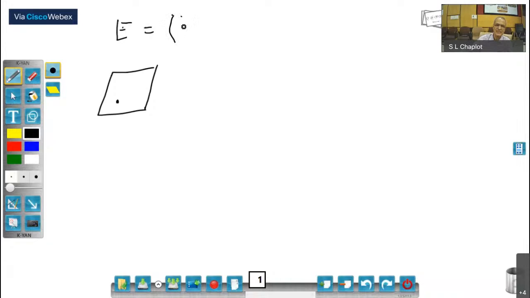This is represented by a matrix like 1, 1, 1. So no change. Similarly, you can have a two-fold rotation, let's say about the c-axis, so x and y change sign, and z doesn't change sign. So an atom which is here under a two-fold rotation about the c-axis will come to this point.